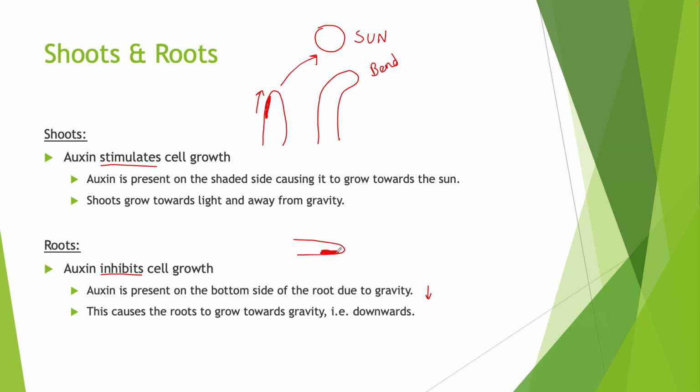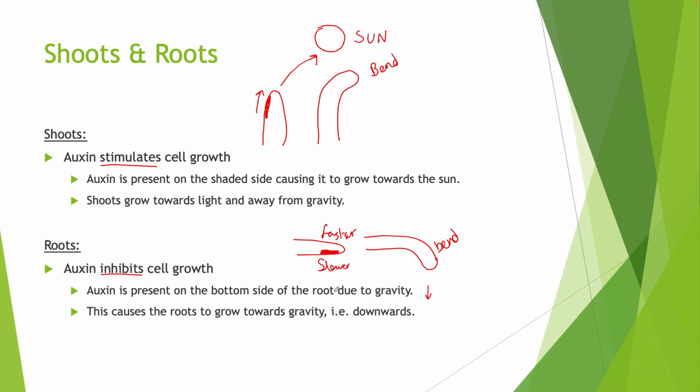That means that this side will grow more slowly. Because this side will grow slower, the top side will grow faster. So this will grow slower and the top side will grow faster, and that's what causes it to bend downwards towards gravity.